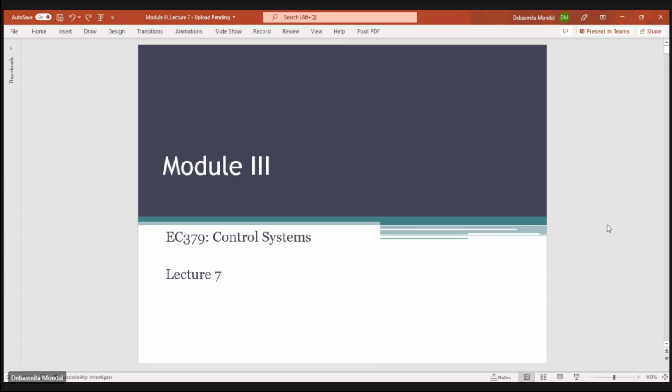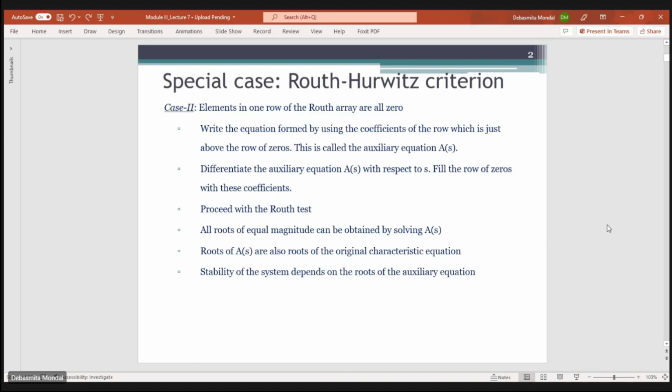In case of Routh-Hurwitz criteria, we saw that there are two special cases where there can be a break in the Routh array. The first case was if the first element of any of the rows becomes equal to 0.